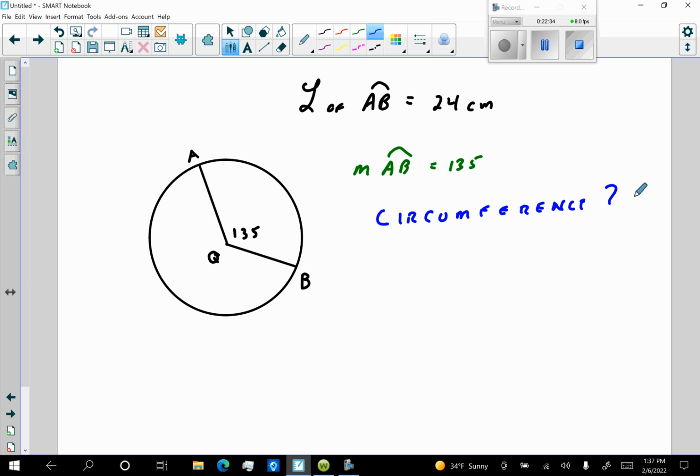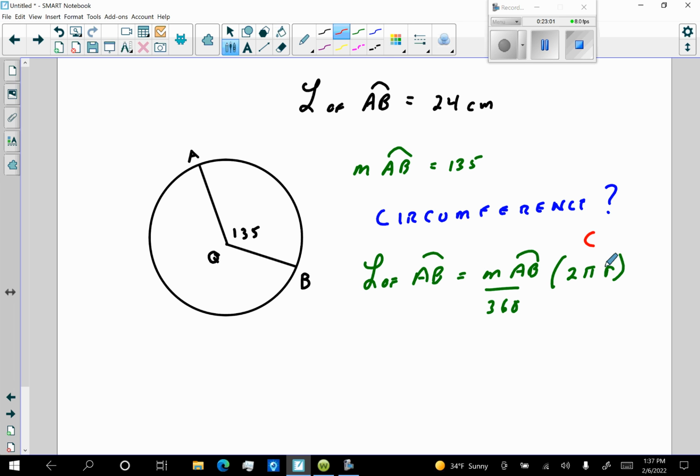So this time, the circumference is going to be the unknown. So we're going to write our formula out. The length of arc AB is going to equal the measure of AB divided by 360 times 2 pi r, which is the circumference, which is what we want right there.